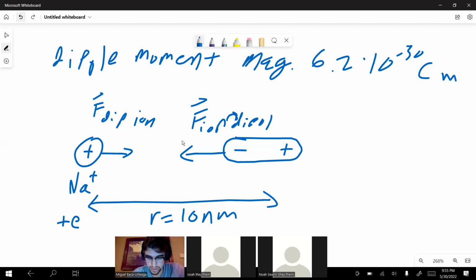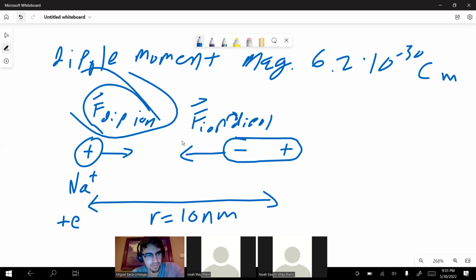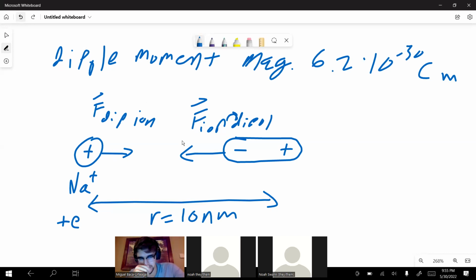Alternatively, we know from Newton's third law that the force of the dipole on the ion has the same magnitude as the force of the ion on the dipole that we are seeking. We calculated the on-axis field of the dipole in section 23.2.